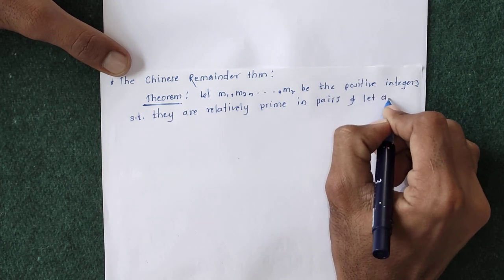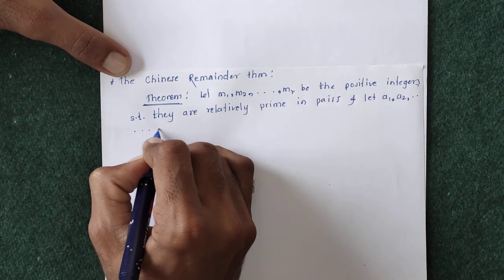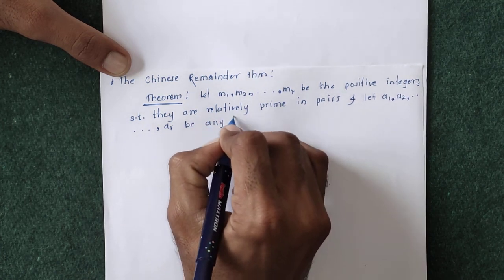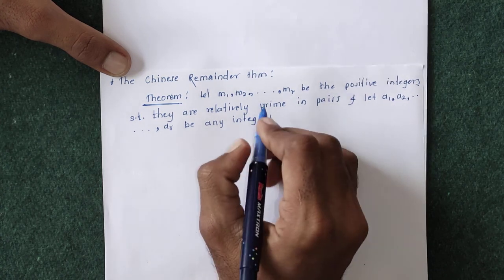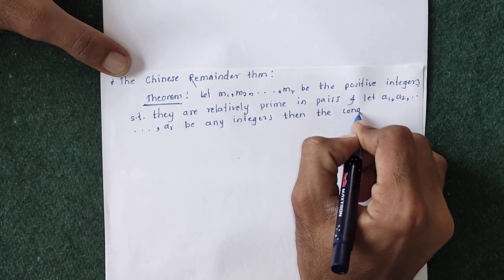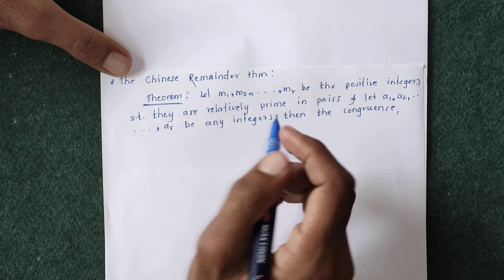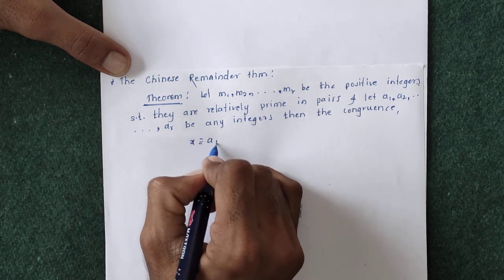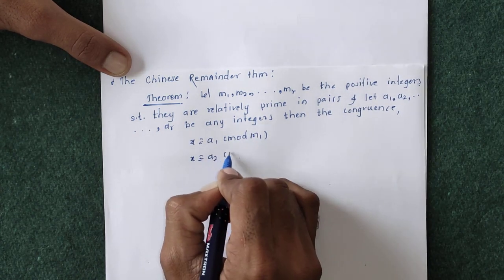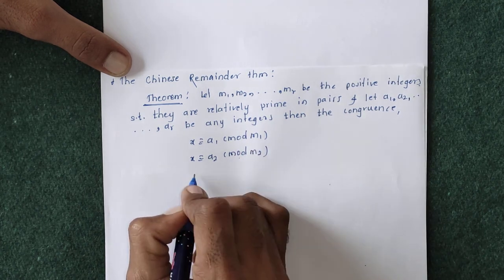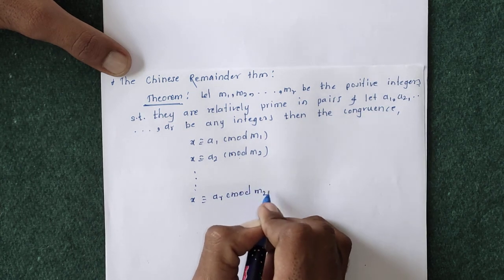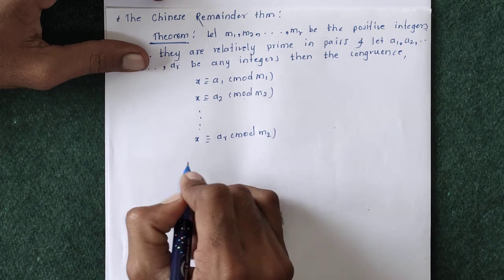let a1, a2, up to ar be any integers. Then the following congruences: x is congruent to a1 modulo m1, x is congruent to a2 modulo m2, up to x is congruent to ar modulo mr, have a common solution.